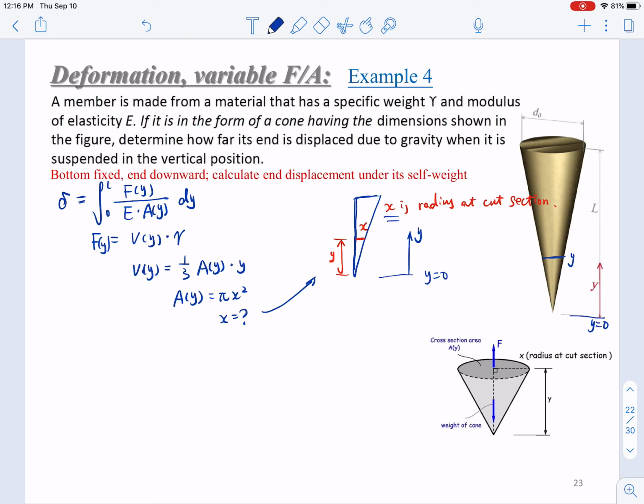Here x over y equals R0 over L, and R0 is the radius of the bottom, R0 equals D0 over 2. So from this equation, we can get that x equals R0 y over L.